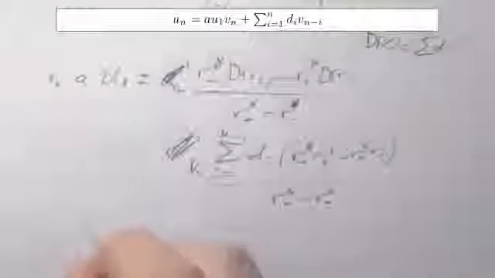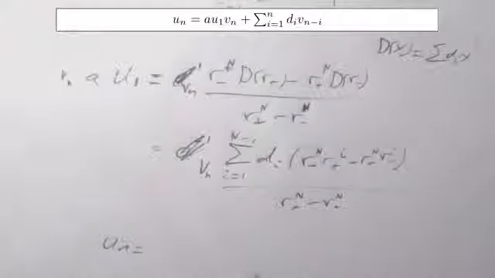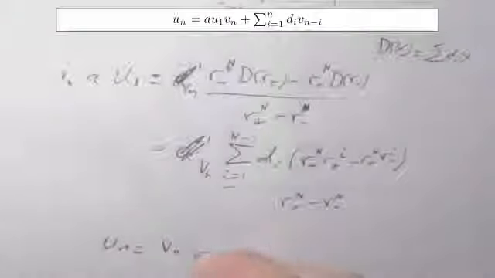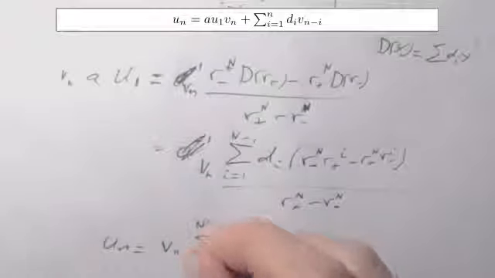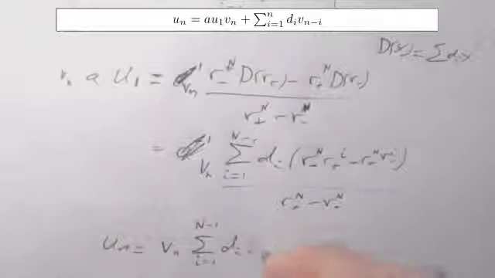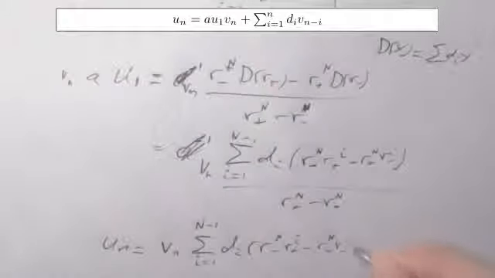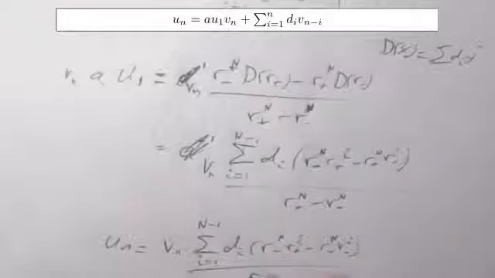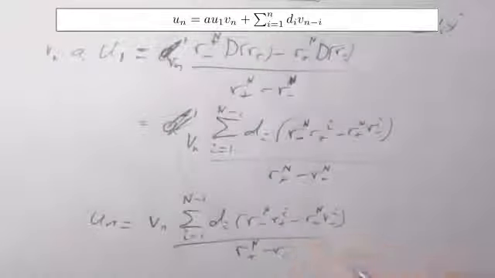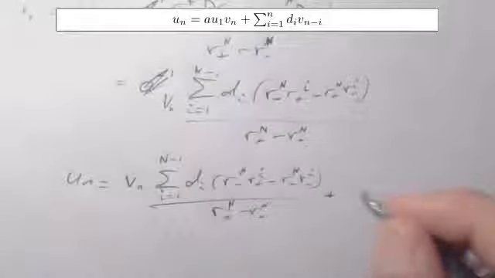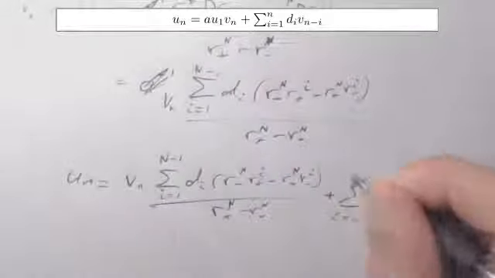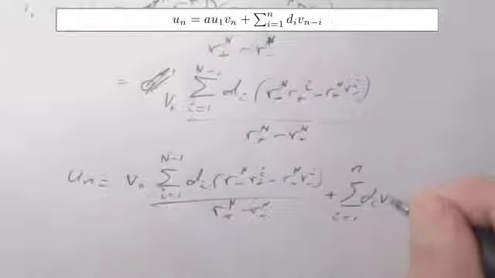Okay, so we have that un equals this thing, r plus to the i minus r plus to the n, r minus to the i, all over r plus to the n minus r minus to the n. And then we had plus the sum from i equals 1 to n of di vn minus i.